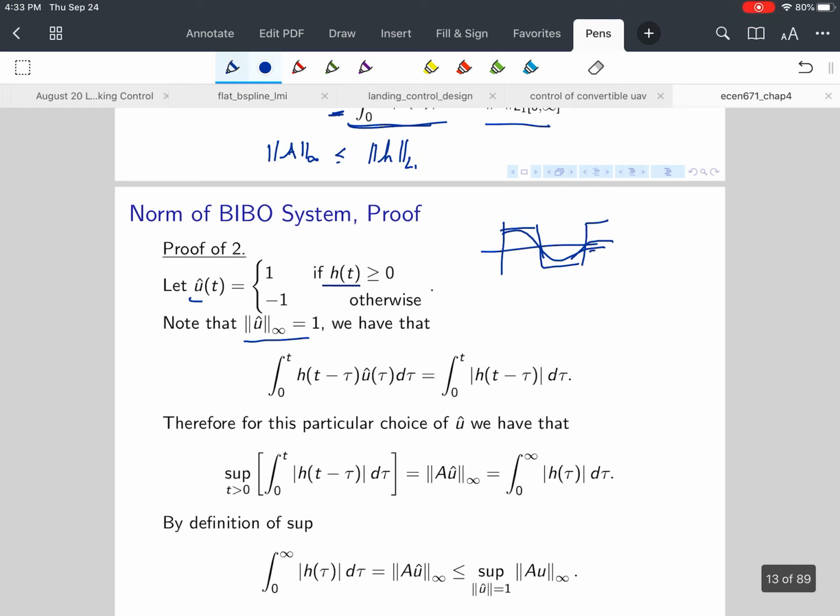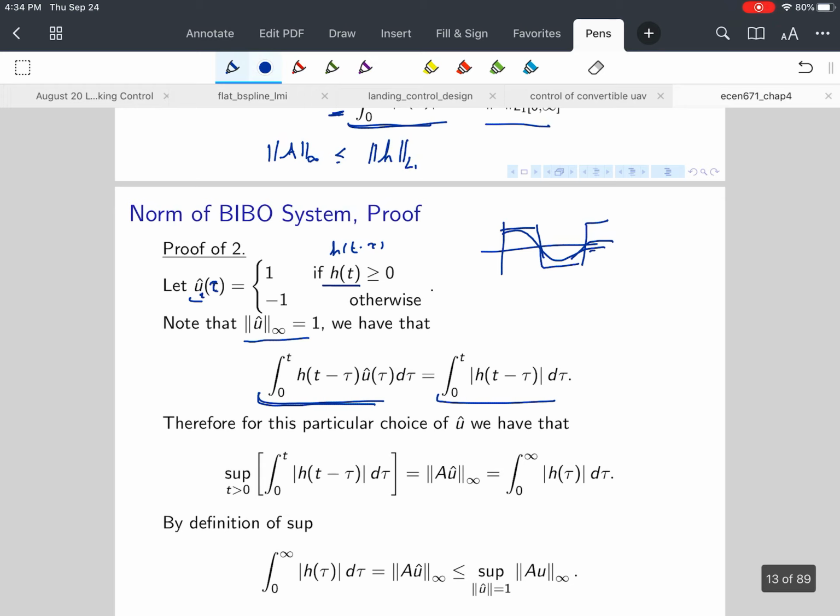Yeah, this actually should be, well, anyways, okay, so now the output is h of t minus tau, u of tau, and now when we multiply these things together, when it's negative, yeah, this should actually be h of t minus tau, and we're going to let this be u hat of tau, like that. And when we take the impulse response, we're going to end up with basically the absolute value of h of t minus tau.